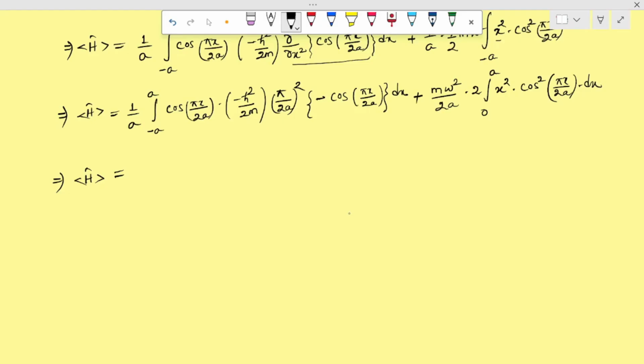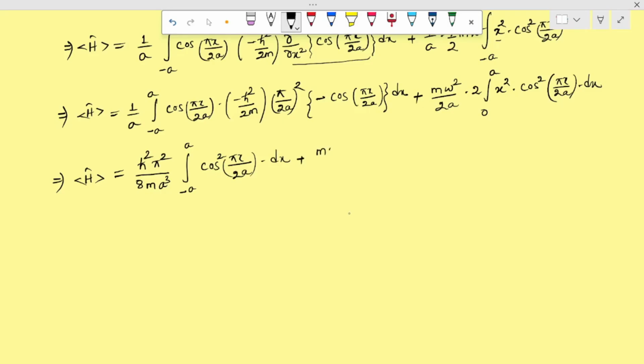So we get h cut square pi square divided by 8m a cube, integral from minus a to a of cos square pi x by 2a into dx.